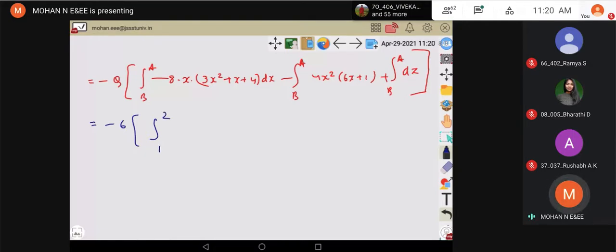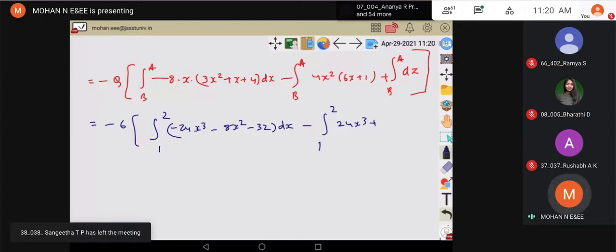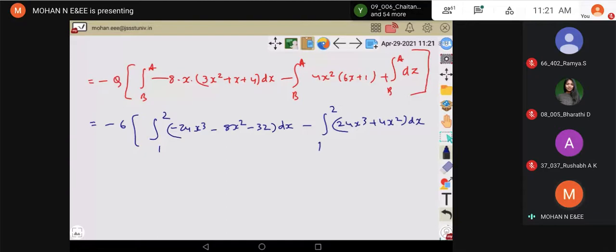It is minus 24x cube minus 8x square minus 32 dx. And again the x limits, 1 to 2, it is 24x cube plus 4x square dx. And the z limits I have to take: 5 to 6 dz.